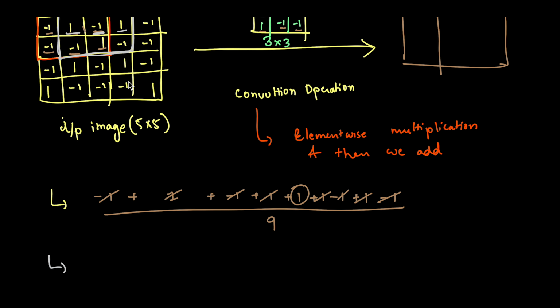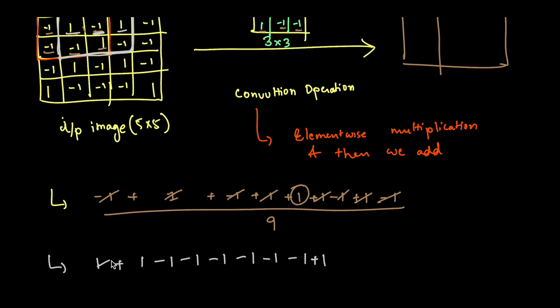Sometimes I might miss, so let me write it down over here. -1 into -1 is 1, then -1 into -1, again 1, then -1 into 1 is -1, then 1 into -1 is -1, then -1 into 1, again -1, and 1 into -1, again -1, -1 into 1 is -1, and 1 into -1 is -1, -1 into -1 is 1, +1.